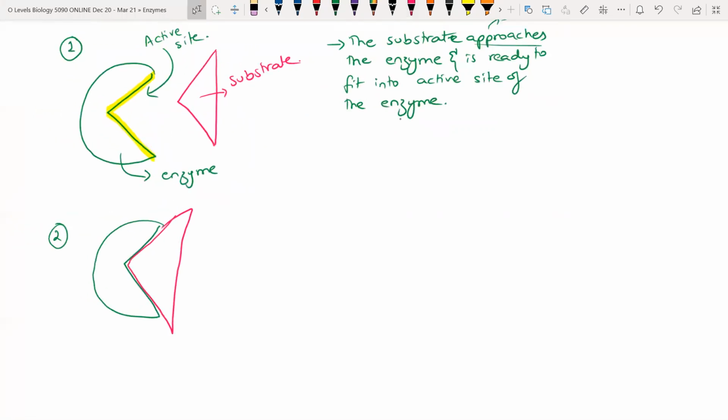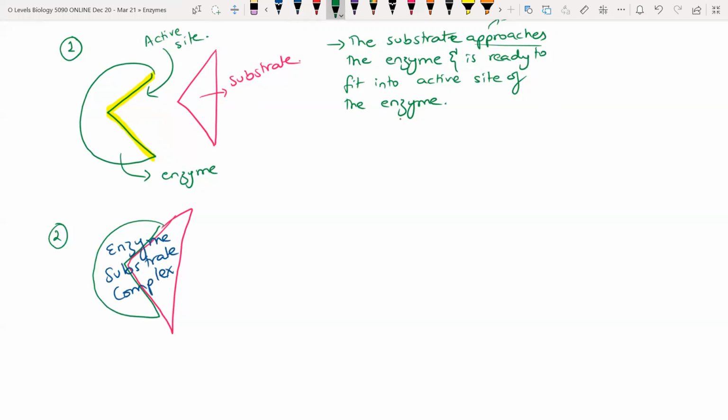And you call this entire thing the enzyme. Let me write that down with a different color. You call this thing the enzyme substrate complex.